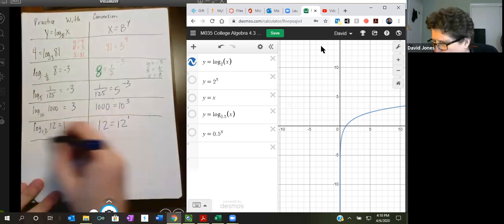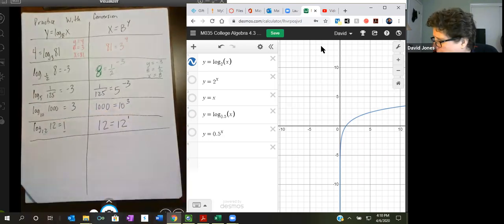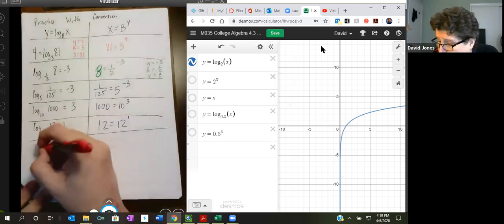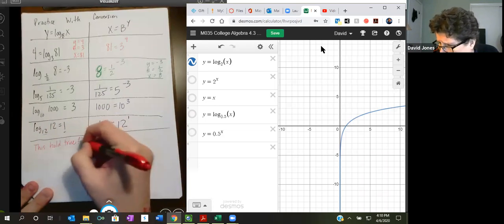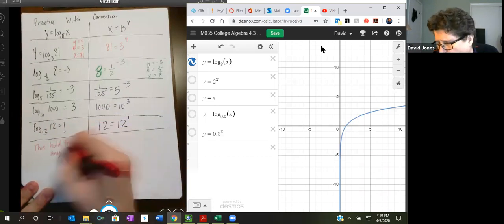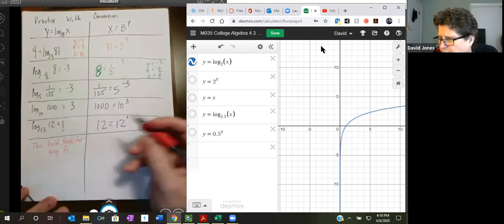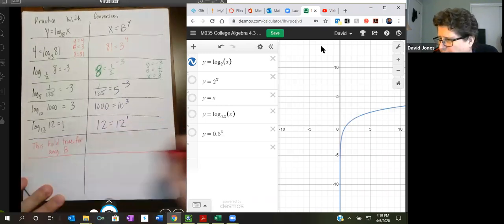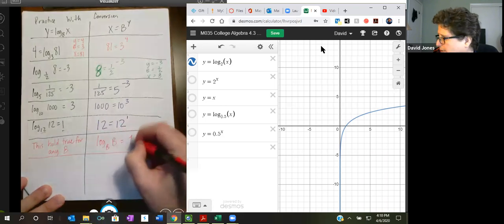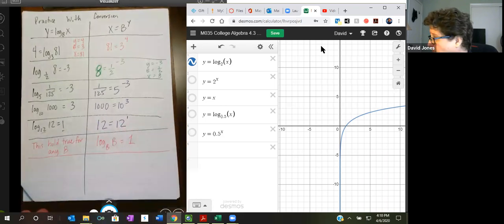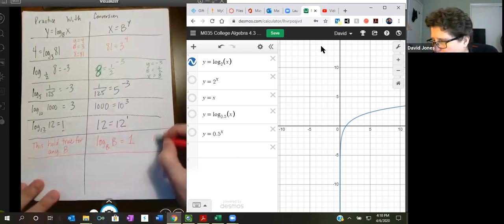Okay, now this last one, actually, this holds true for any b. Log base b of b equals 1. Of course, b needs to be greater than 0.